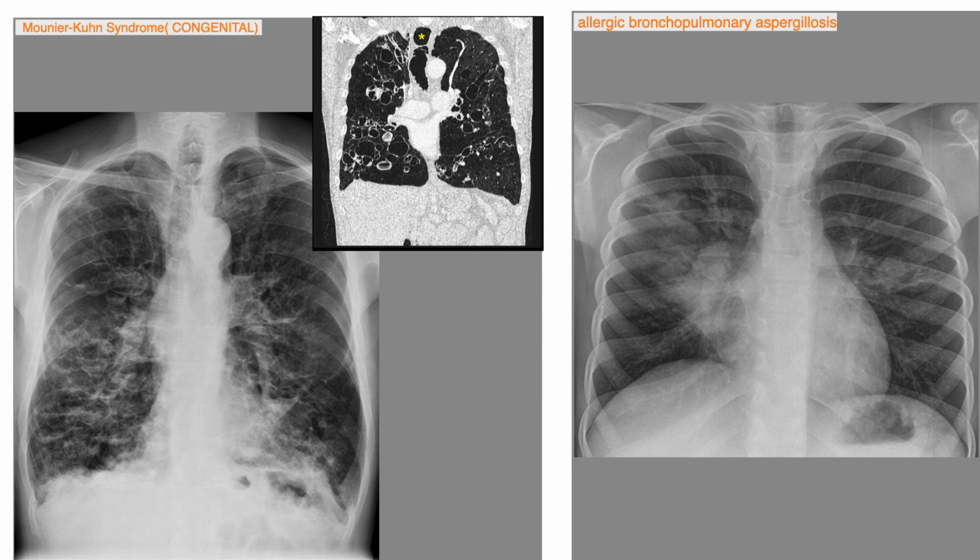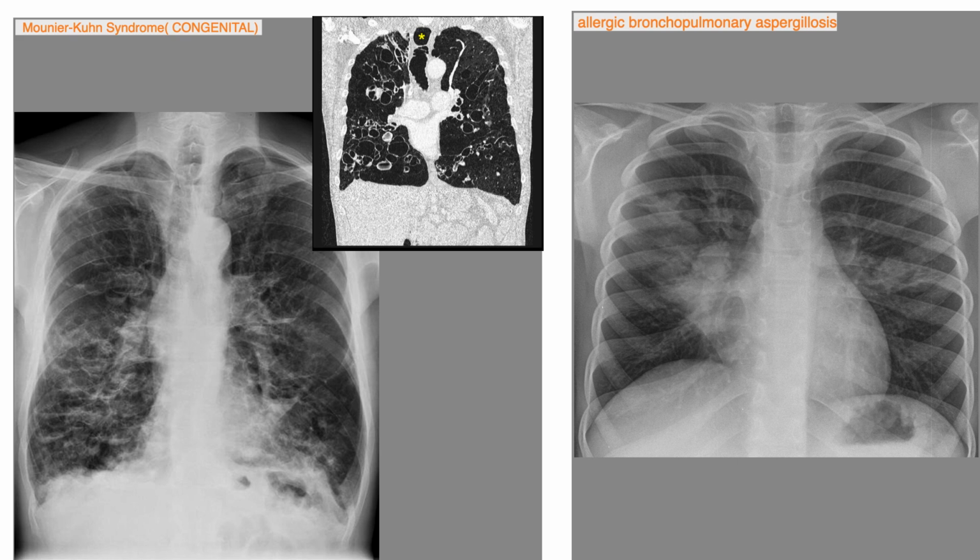Then for the next case, on the chest x-ray, we see that there is some nodular dense opacification in a finger-in-glove configuration overlying the right hilum and extending into the right upper lobe, and this is likely to represent a combination of hilar lymphadenopathy and infective consolidation.